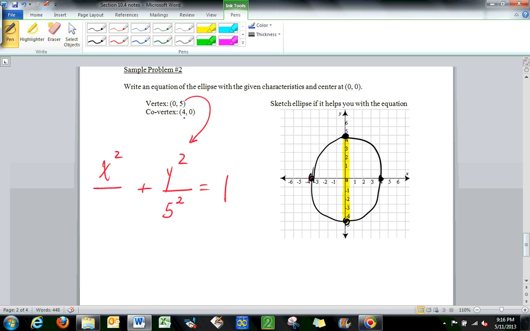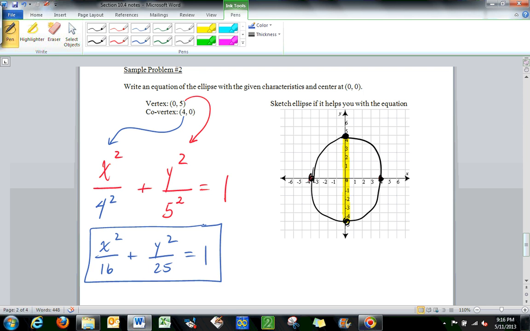In this case, the co-vertices, the 4, the smaller number, is representing an x value, so we're going to do 4 squared underneath that. And our final standard form will simply be to condense the 4 squared and the 5 squared. And that's all it would take.